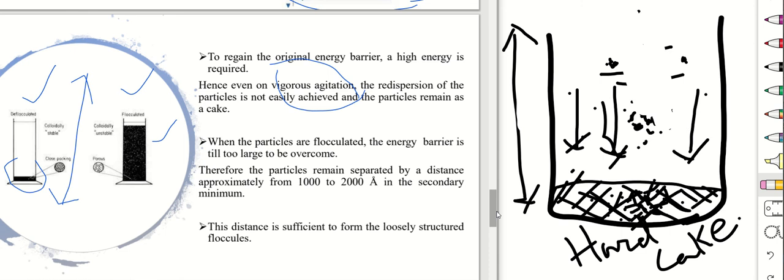Why only 1000 to 2000 angstroms? Because that is a distance where it can easily form loosely packed floccules, a network of floccules.